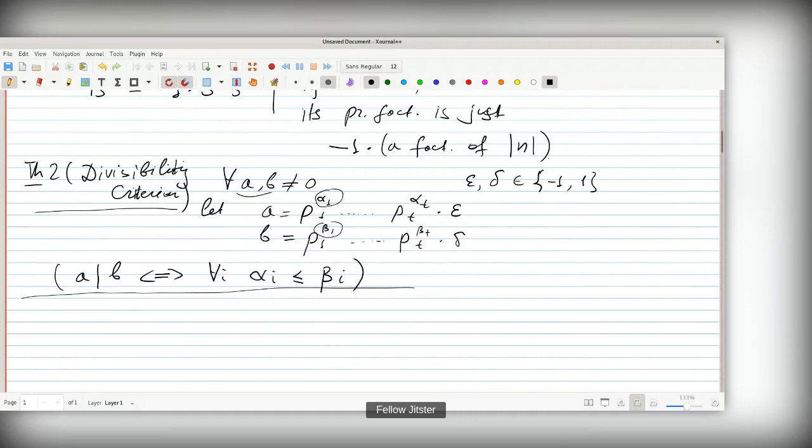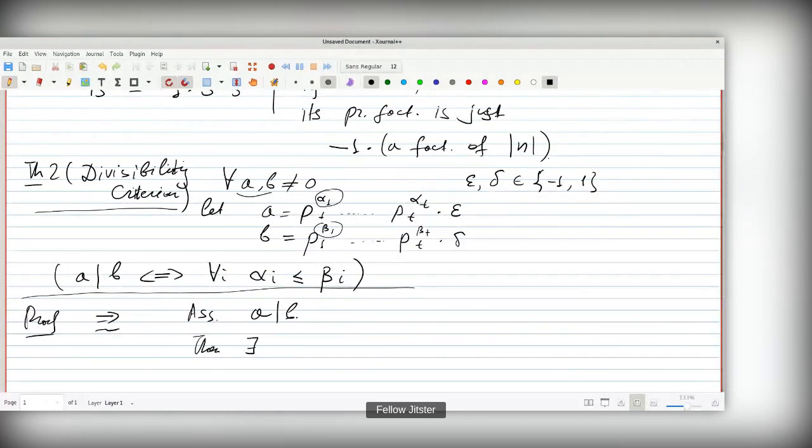And those factorizations are uniquely determined. That is, given an integer, you know the degree of each prime uniquely. You know it for sure. Okay, let us prove this fact. From the left to the right, assume that a divides b.